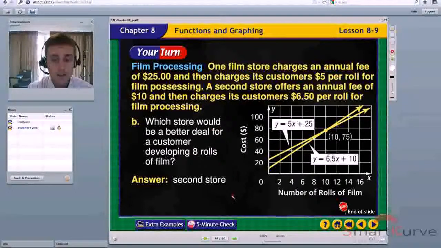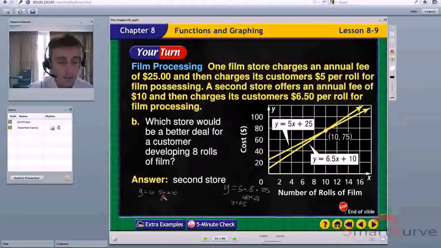If we plug it in, we have at the first store y equals 5 times 8 plus 25. 5 times 8 is 40 plus 25. So the price would be $65 at the first store. At the second store, we have y equals 6.5x plus 10.